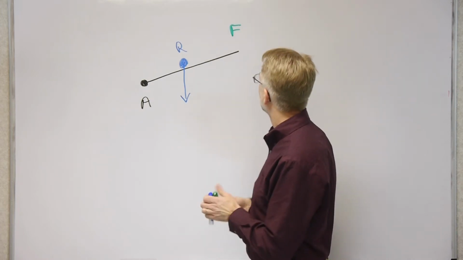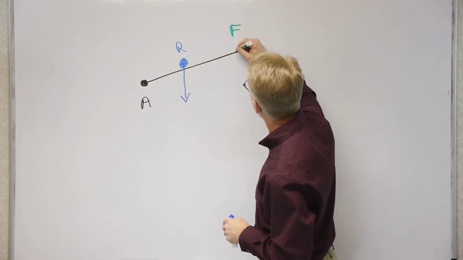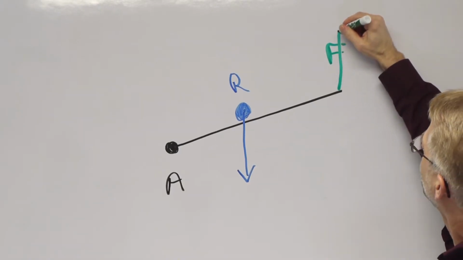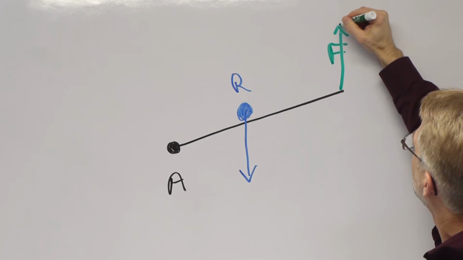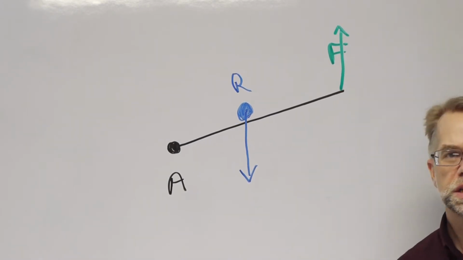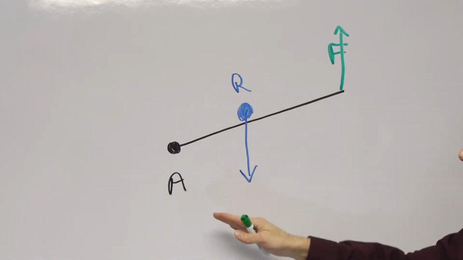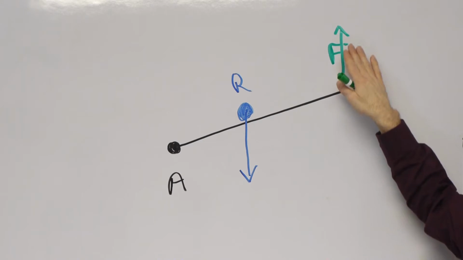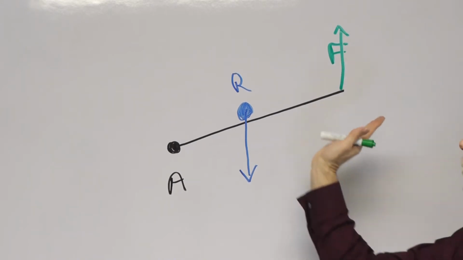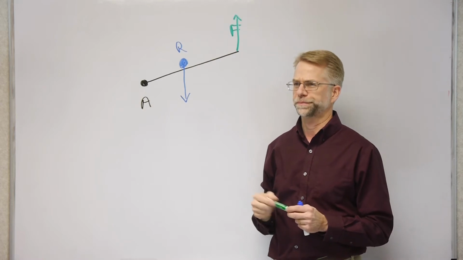On the other hand, I could have a force over here applied to the end of the lever, and that force is shown by this vector going up that way. And so you can see here we have resistance that is pushing this lever around its axis downward, but then we have a force that is applied to rotate the lever in the opposite direction.